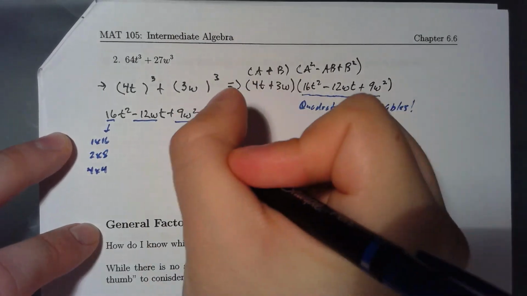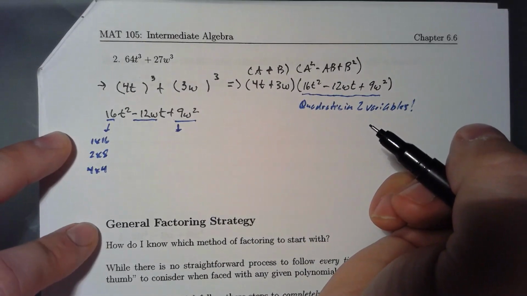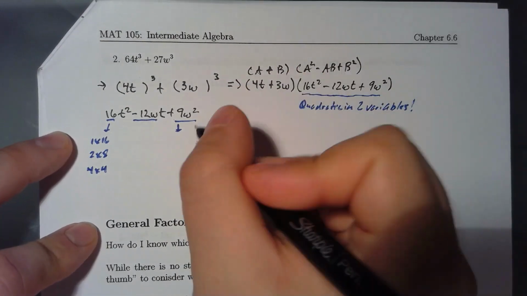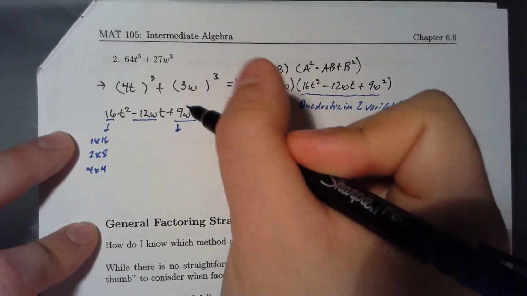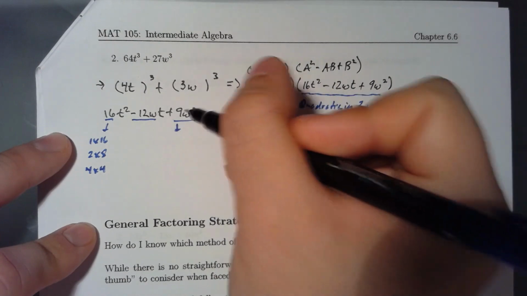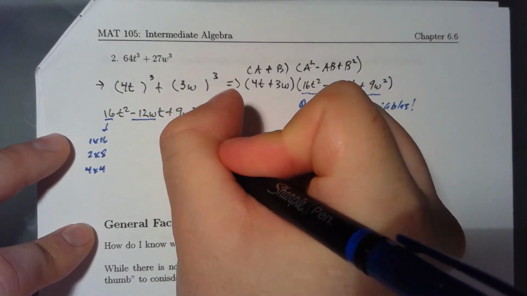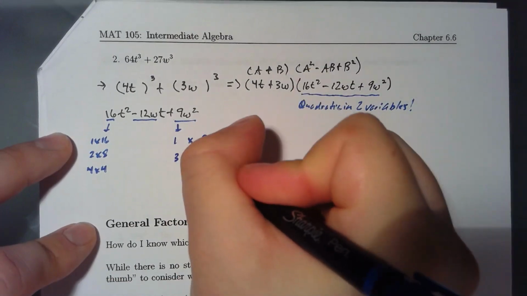What are the factors of 9? Or in this case, actually, what are the factors of 9w squared? So again, to do this, just focus on the number and then we'll tack on a w for each one. So the factors of 9 are 1 and 9 and 3 and 3.